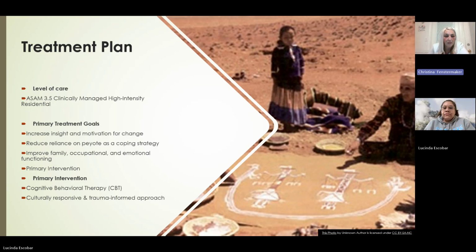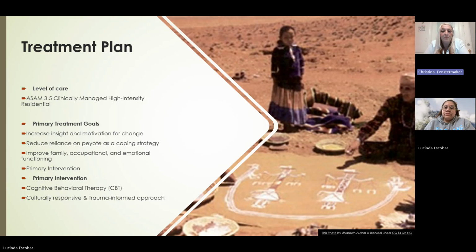For our treatment plan, this slide just summarizes Dakota's individual treatment plan based on the DSM-5 criteria. He meets diagnostic criteria for other hallucinogens use disorder, moderate, due to his continued peyote use despite occupational, relational, and safety-related consequences.